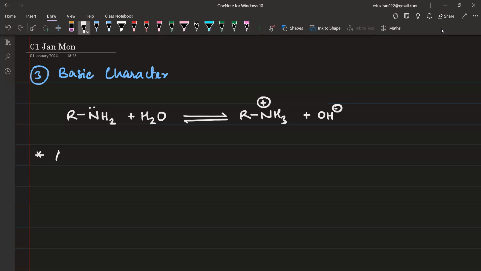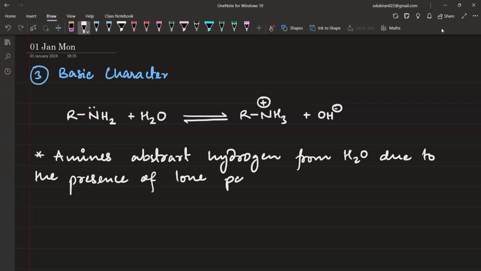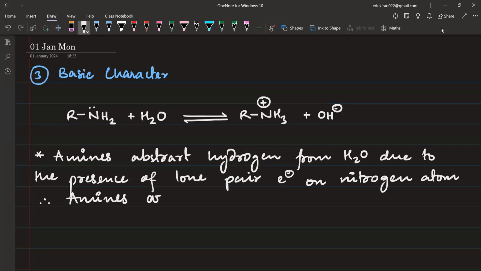So you'll write: amines abstract hydrogen from H2O due to the presence of lone pair electrons on the nitrogen atom. Therefore, amines are Lewis bases.